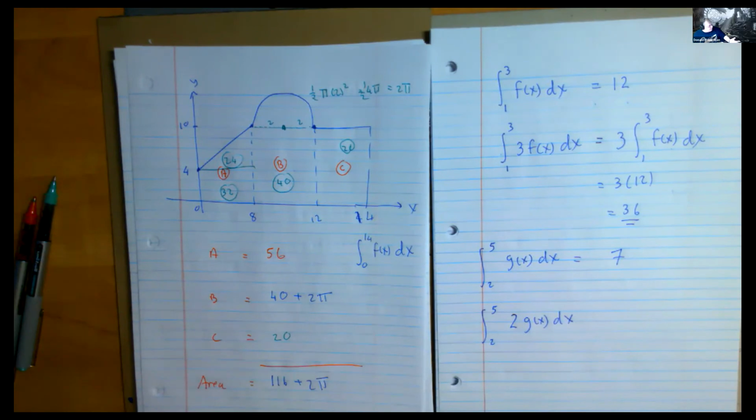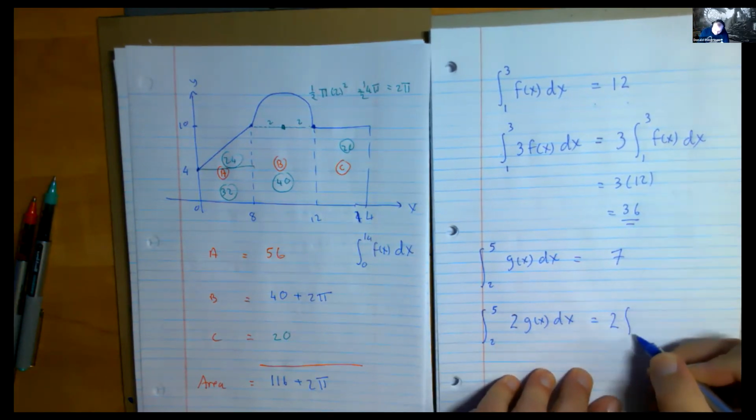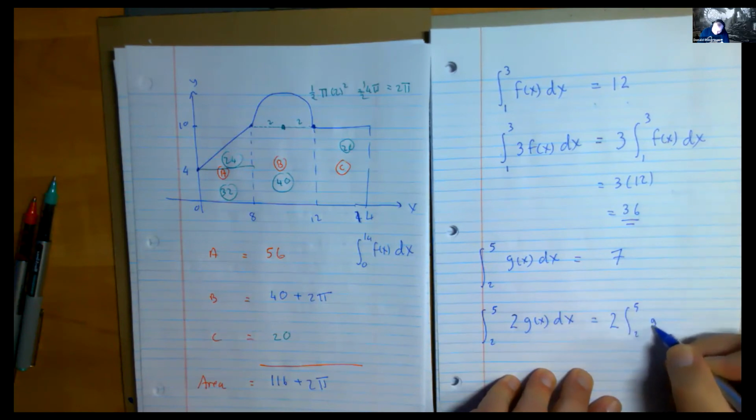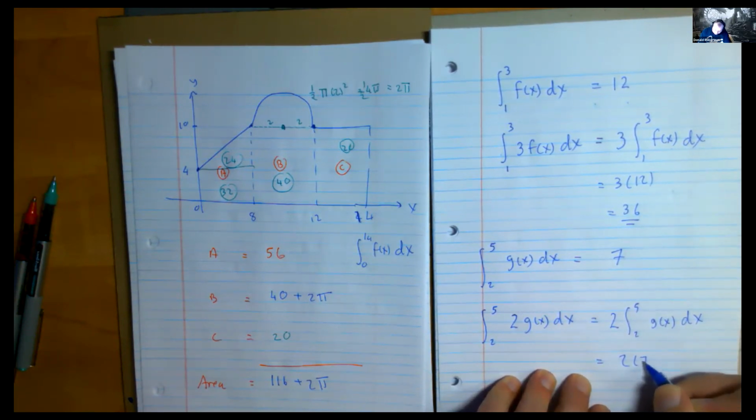Can you imagine g of x was x squared? Then wouldn't 2 of g of x just be 2x squared? Now, you can pull out 2 as a common factor. And now you have 2 times 7, which is 14.